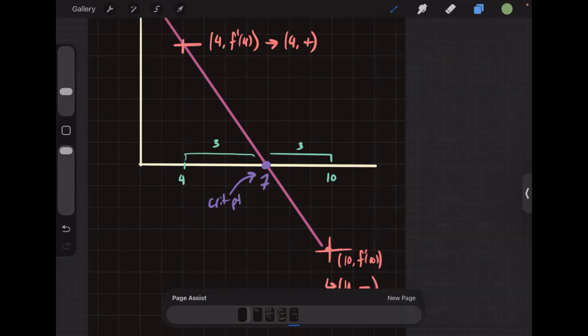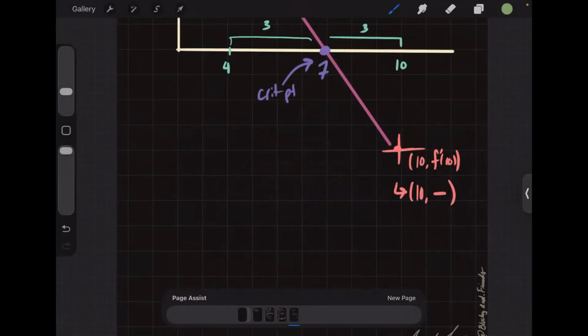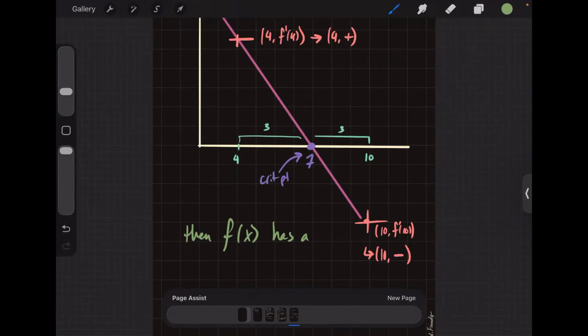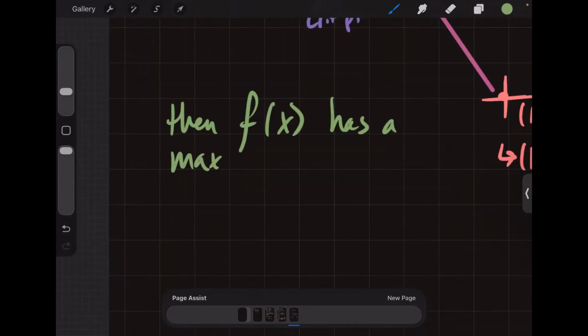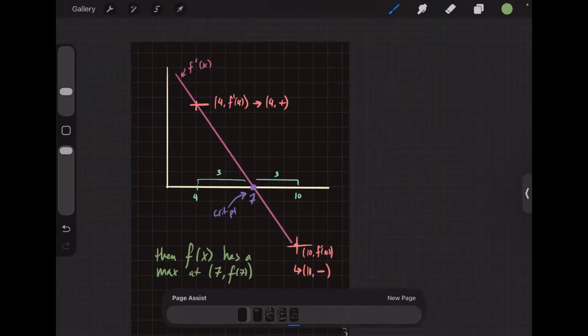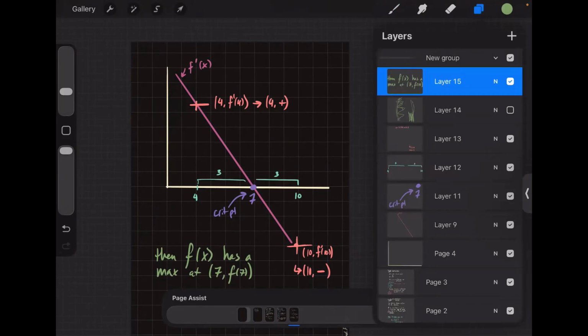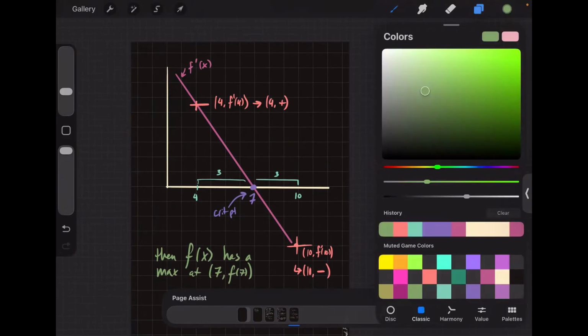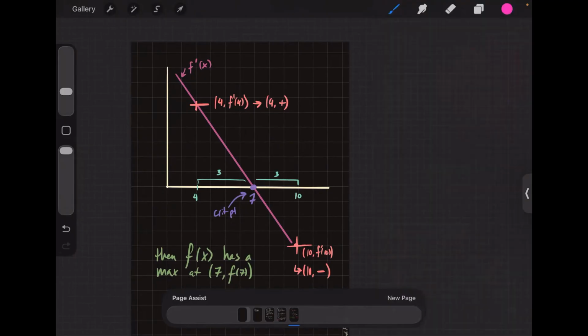then that means that f of x, the normal f of x, has an increasing to decreasing max at 7 comma f of 7. The reason why this works is because your function on this half is increasing.